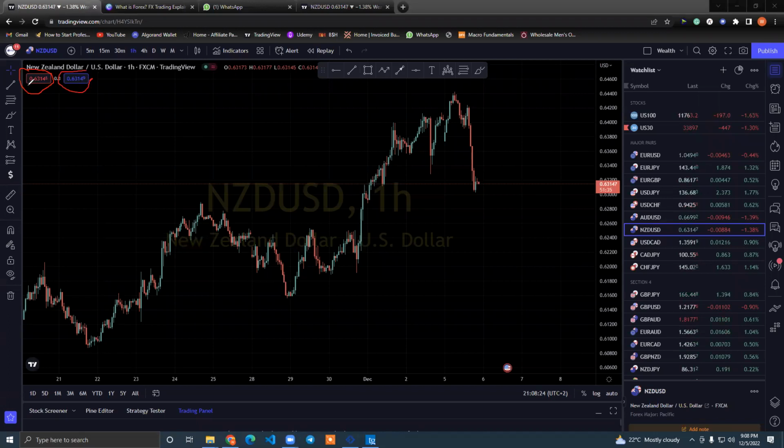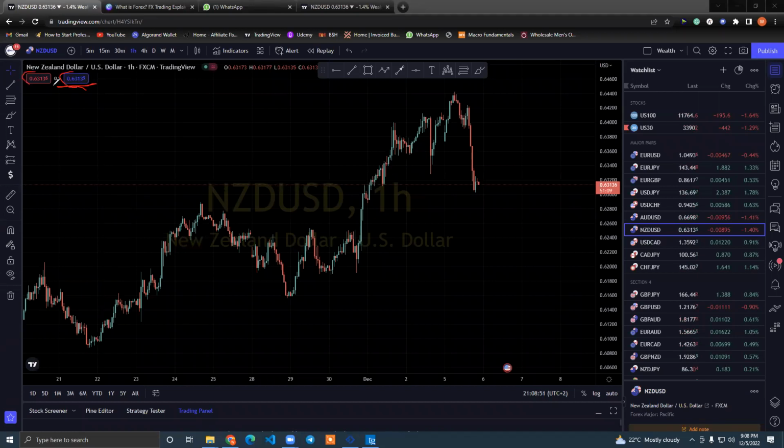Now, when you look at this, there are differences in numbers. One is higher than the other, and the other one is lower. The bid is the amount a person is willing to pay when they buy, and the ask price, this one here, is the amount a seller is willing to accept.